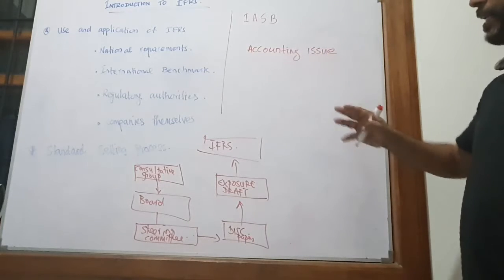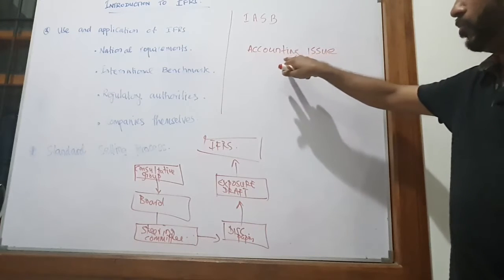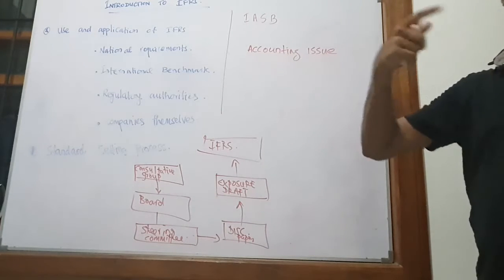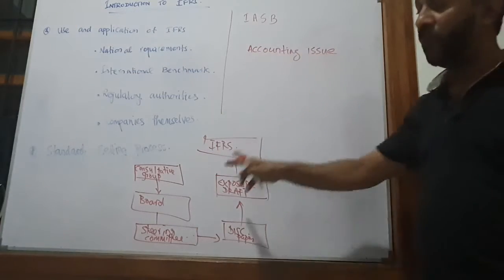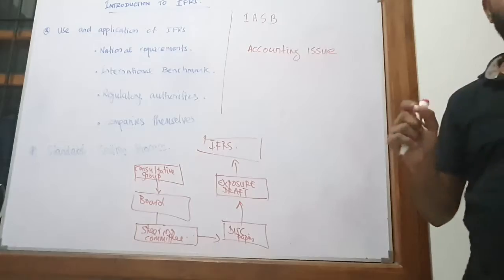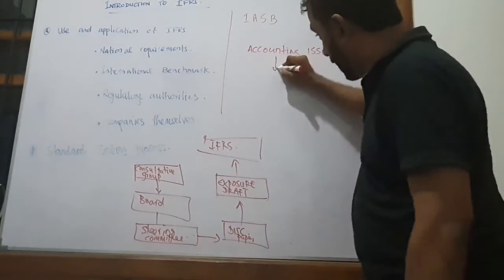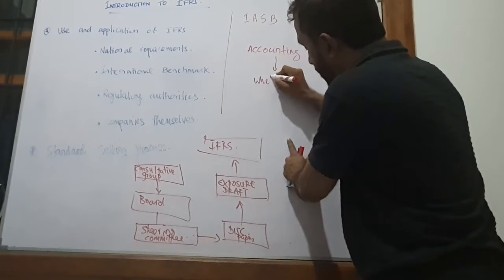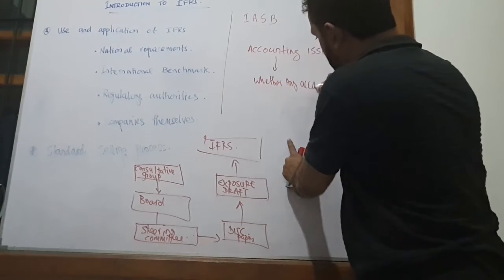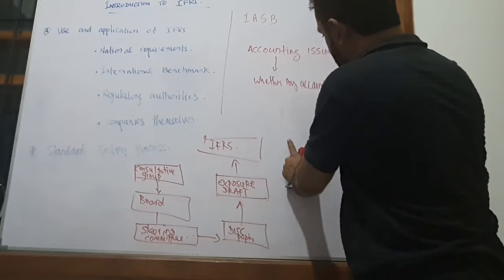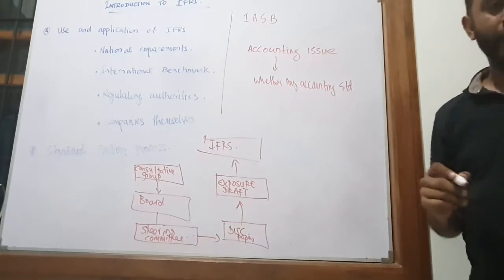In both cases, you have to look for the best accounting practice. In that case, the IASB will look into whether any existing accounting standard is available. Whether there is any accounting standard available.